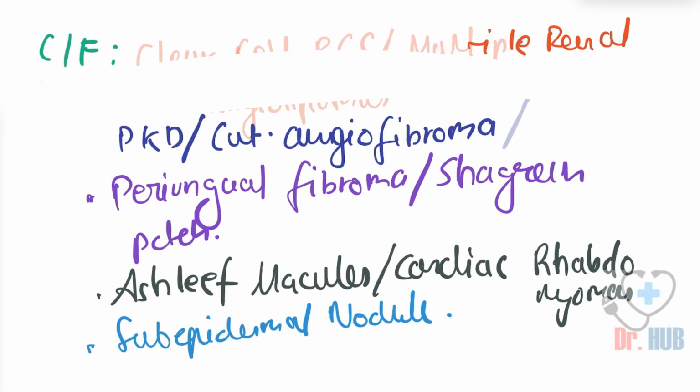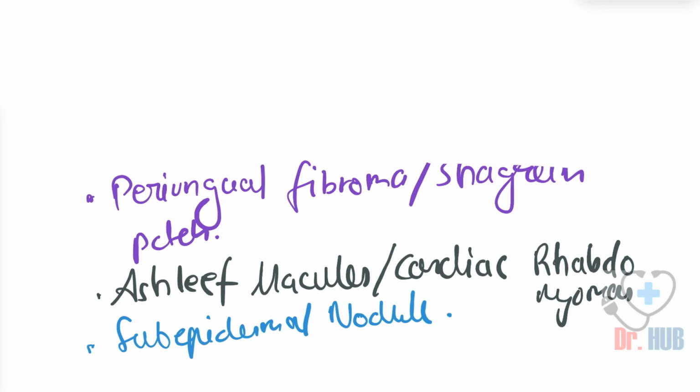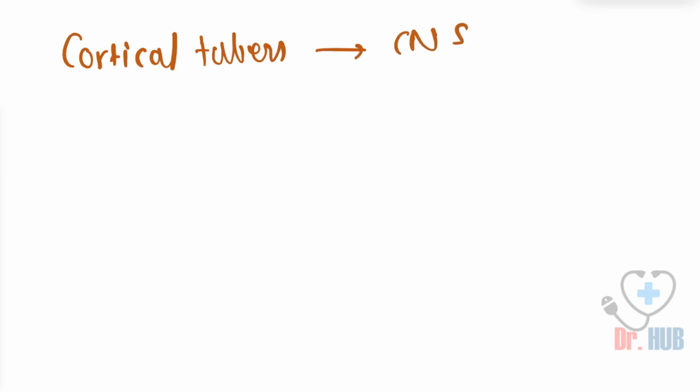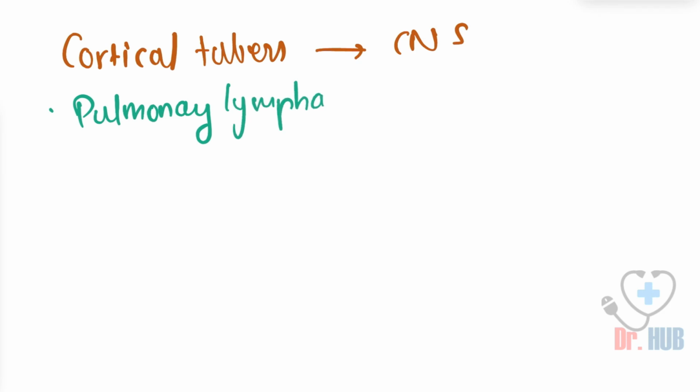There are also the cortical tubers of the CNS. Also the pulmonary lymphangiomyomatosis.